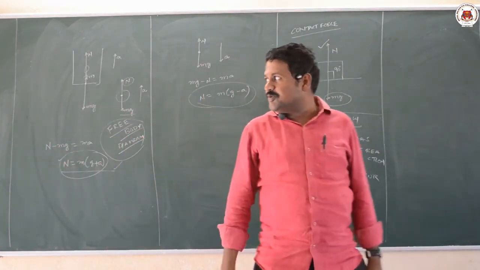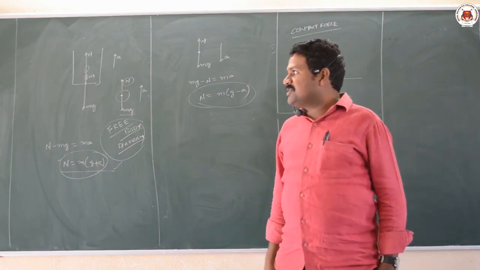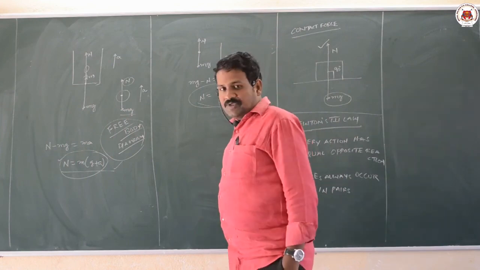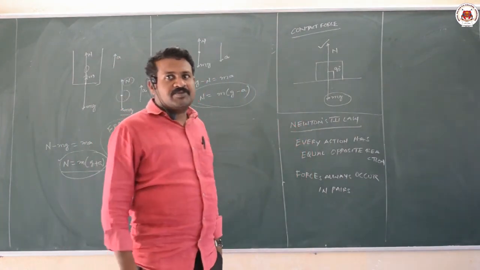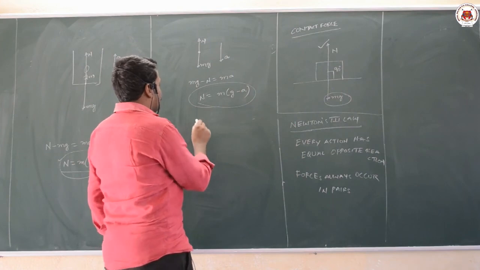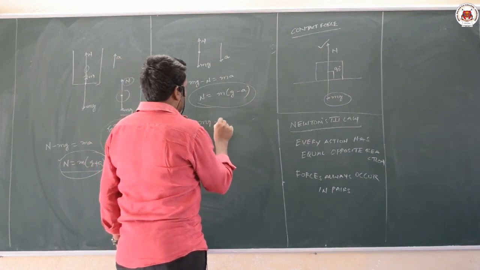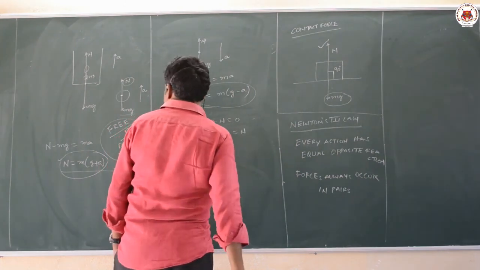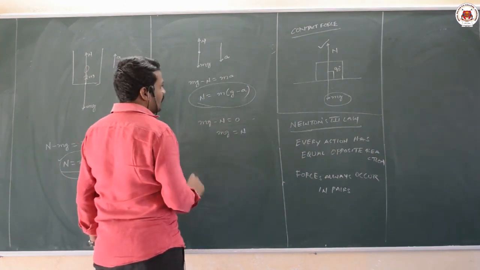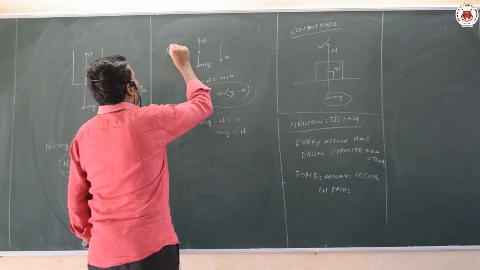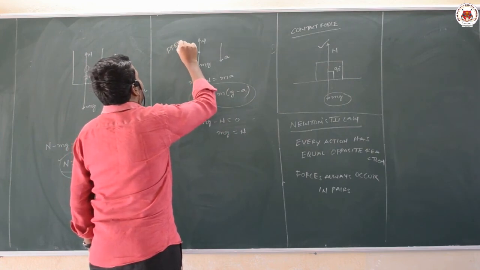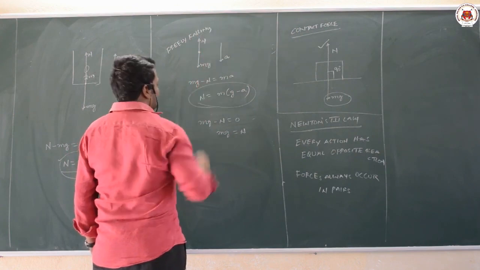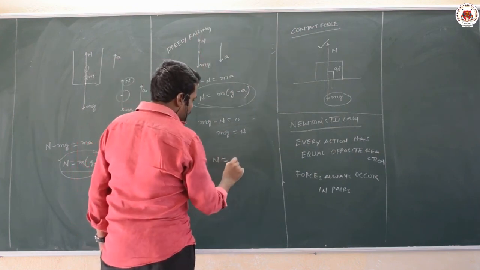Suppose the lift is moving up with constant velocity, then the weight of the person remains the same. When it is moving with constant velocity, the acceleration of the lift will be 0. Therefore, mg minus N will be equal to 0, mg is equal to N. Similarly, in case of a freely falling lift, the weight of the person will be equal to 0.